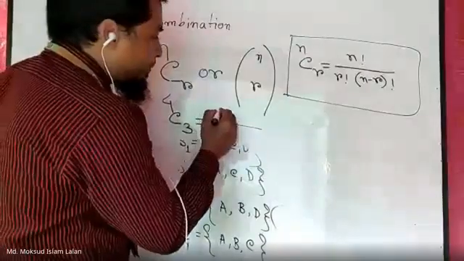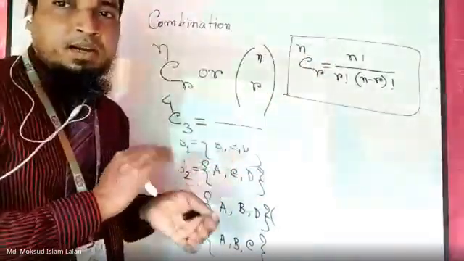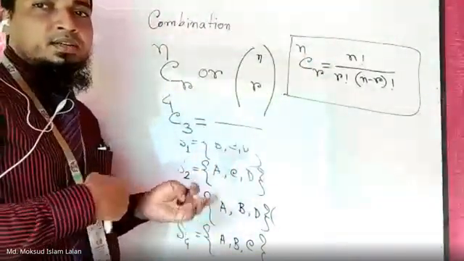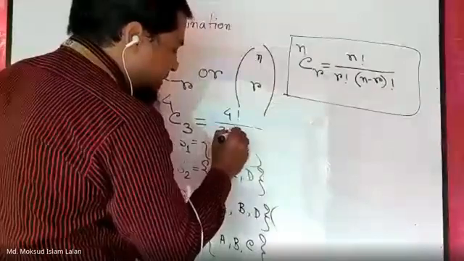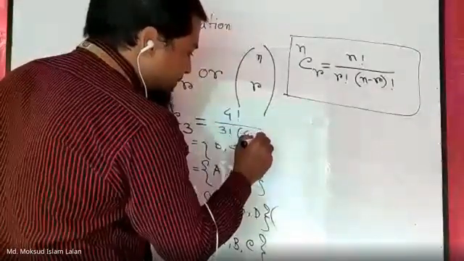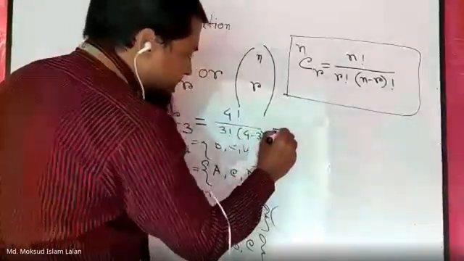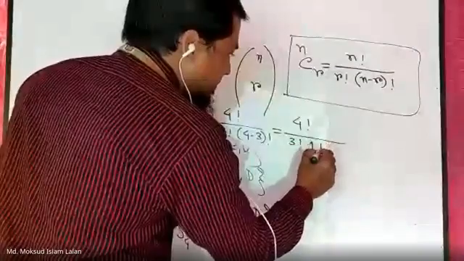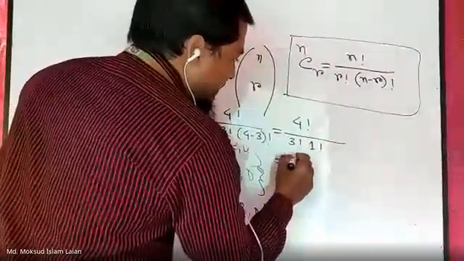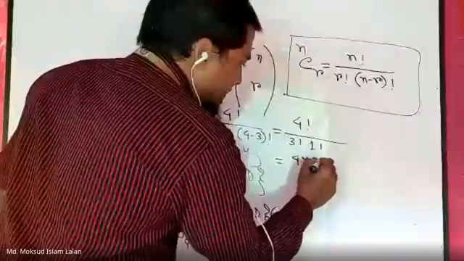So here, you know how to calculate the factorial, right? So 4 factorial over 3 factorial into (4 minus 3) factorial, right? So 4 factorial over 3 factorial times 1 factorial. If you calculate, 4 factorial is 24, like doing 4 into 3 factorial.